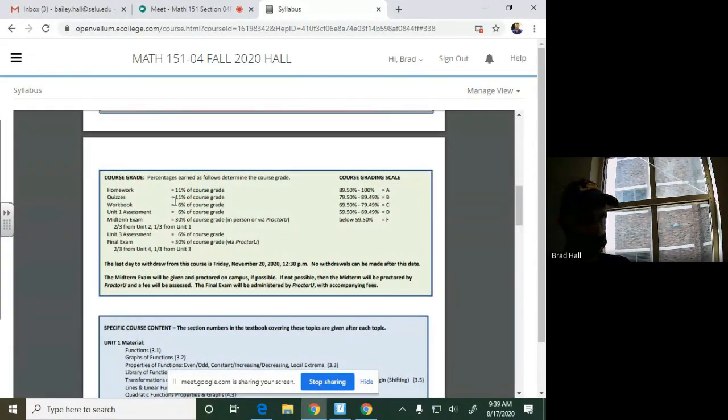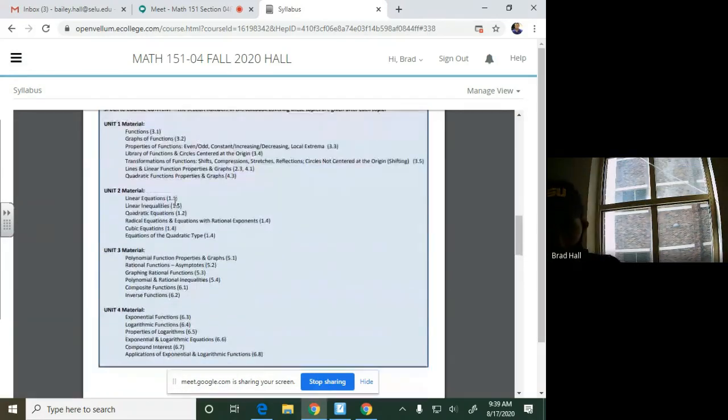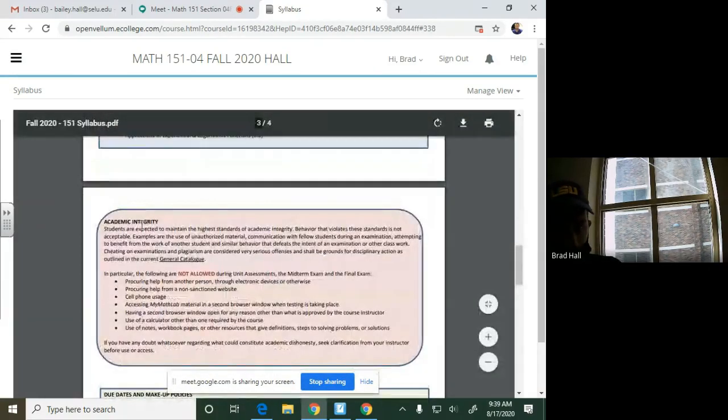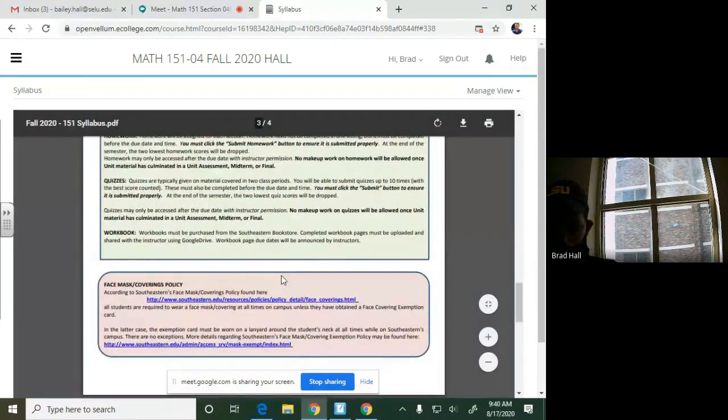The course structure, the assignments mainly are predicated upon homeworks, quizzes, workbook, and tests. And all the grade distributions are outlined as such. As you can see, we're going to go over a lot of stuff. Academic integrity, don't cheat. Due dates and makeup, you know how that goes.